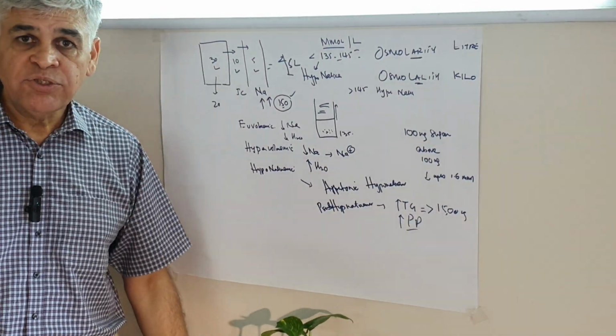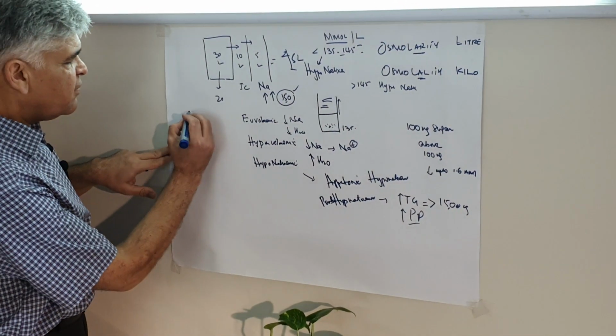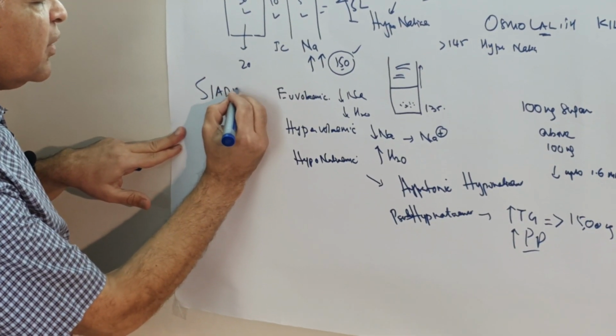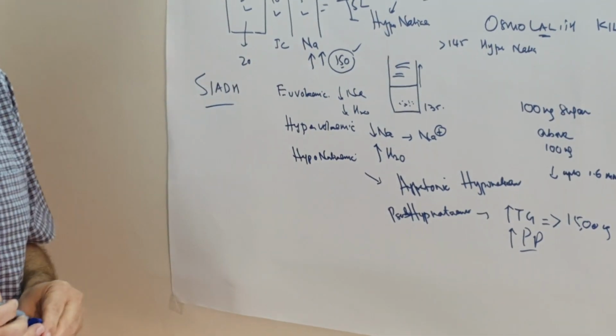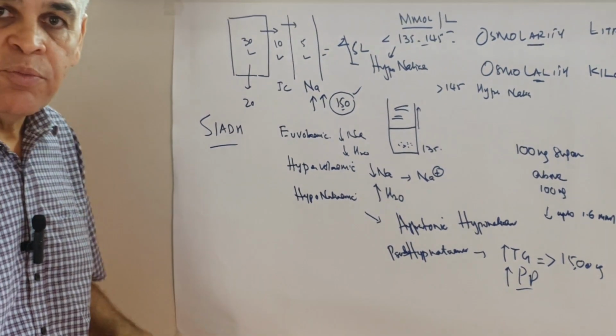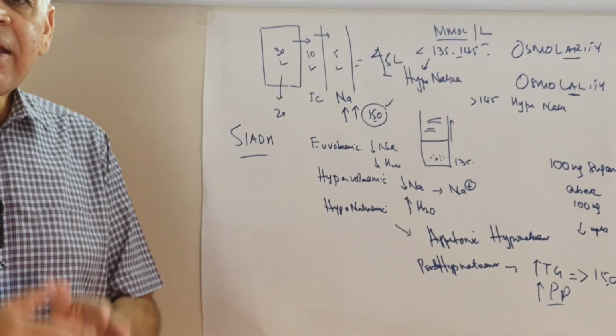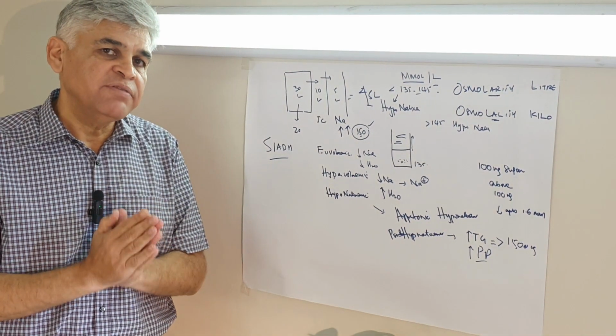And the third one, which you have to ensure, is what I would call a nemesis for medical students and for young doctors: syndrome of inappropriate ADH. What ADH does is make sure that water doesn't leave the system.